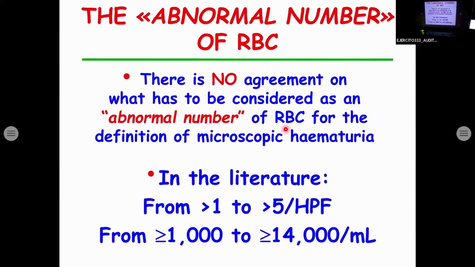In fact, if you go through the literature, you will find that isolated or microhematuria can range from more than 1 red blood cell to more than 5 red blood cells per high-power field, or from at least more than 1,000 red blood cells to at least 14 or more, 40,000 red blood cells per milliliter. So it's very difficult to find a common definition in the literature.